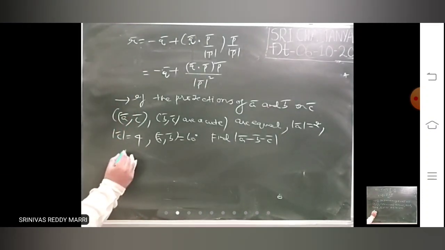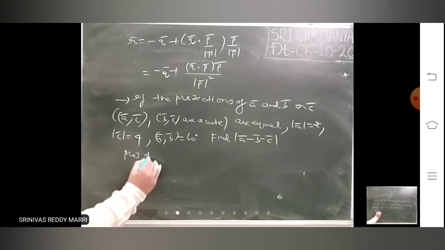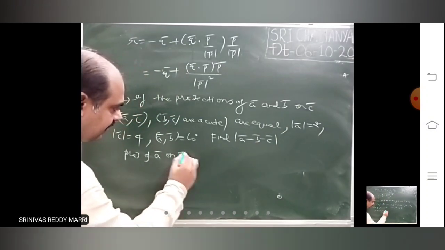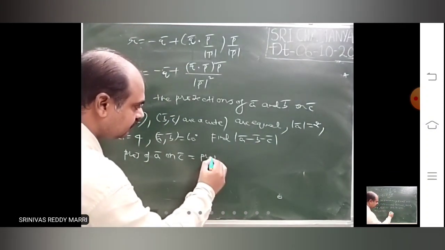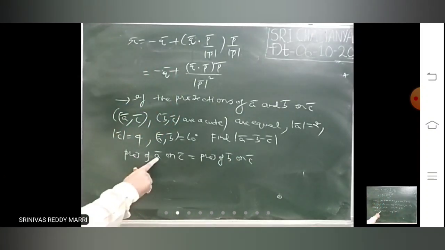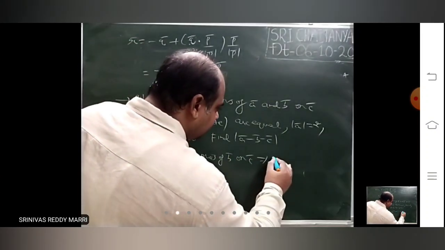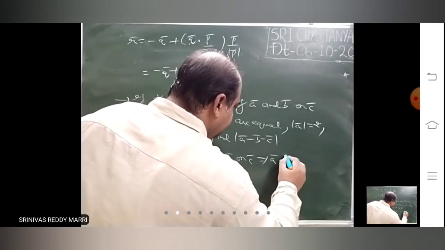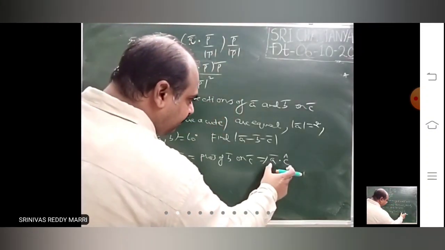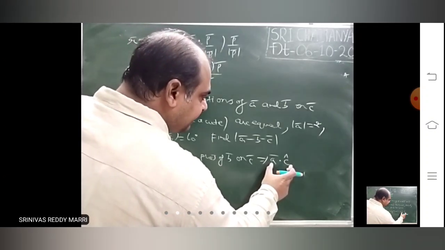Now look at what is given in the question. Projection of A bar on C bar equal to projection of B bar on C bar. What is the projection of A bar on C bar? A bar dot C cap. No need to write modulus because it is given acute angle.